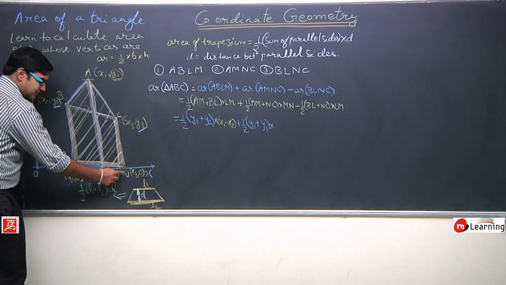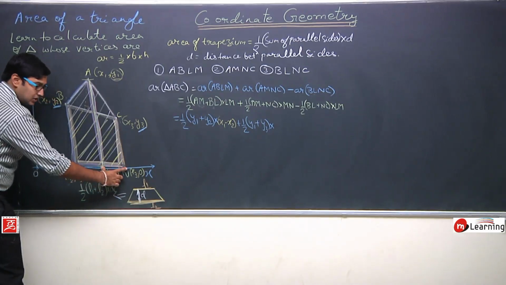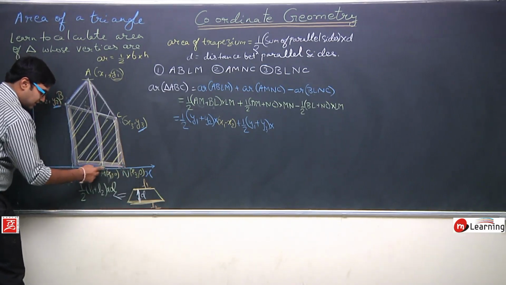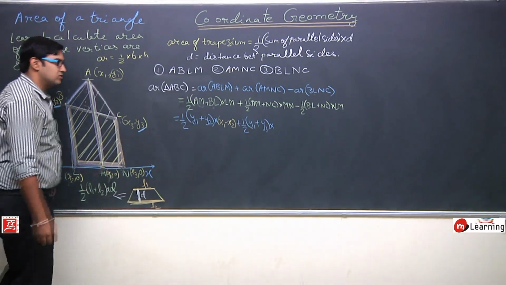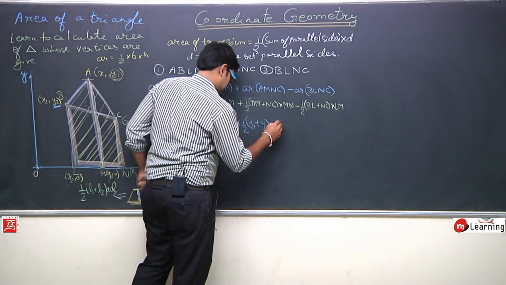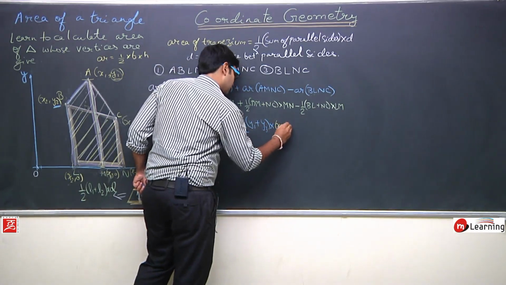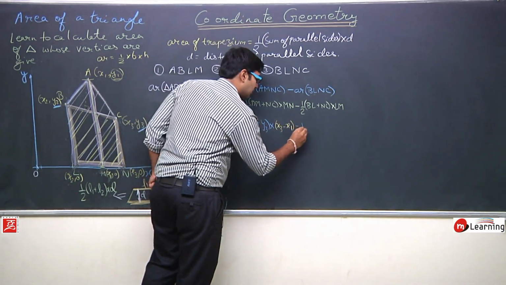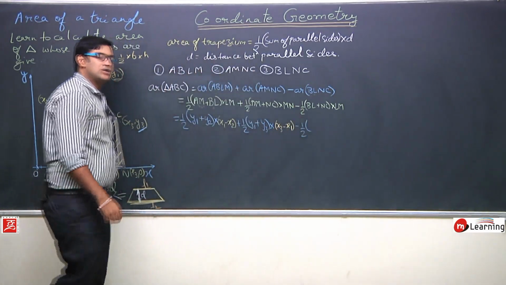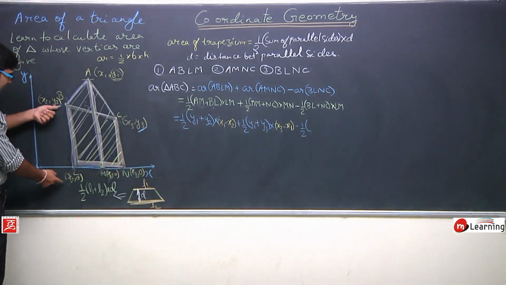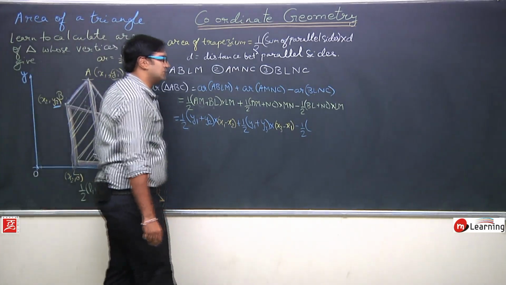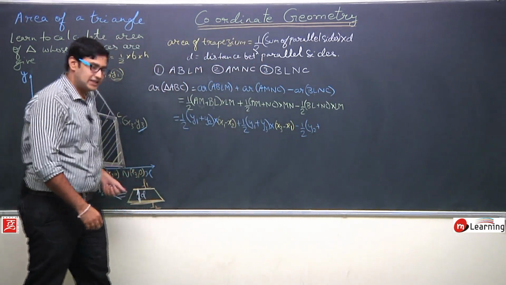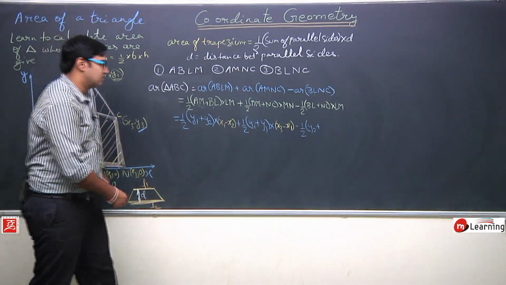Now this is M, this is N, so this length. What is this length? This length will be the x3 total length minus OM, that is x1. So it will be x3 minus x1, then minus half of, in the bracket, what is BL? BL is this length, that is y2. So in place of BL I can write y2 plus NC. What is NC? NC is this length, that is y3.